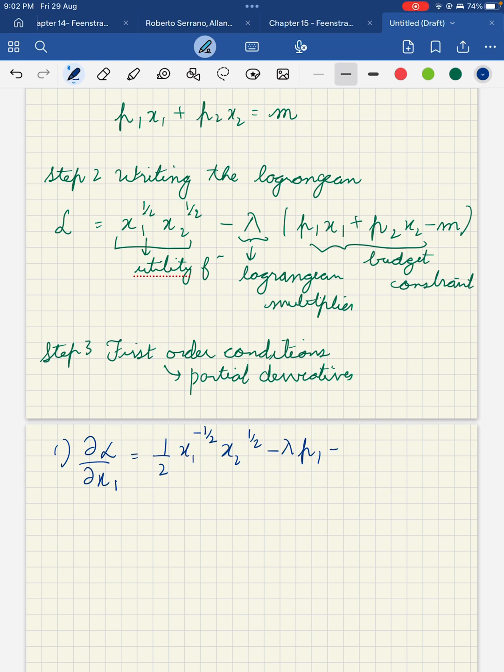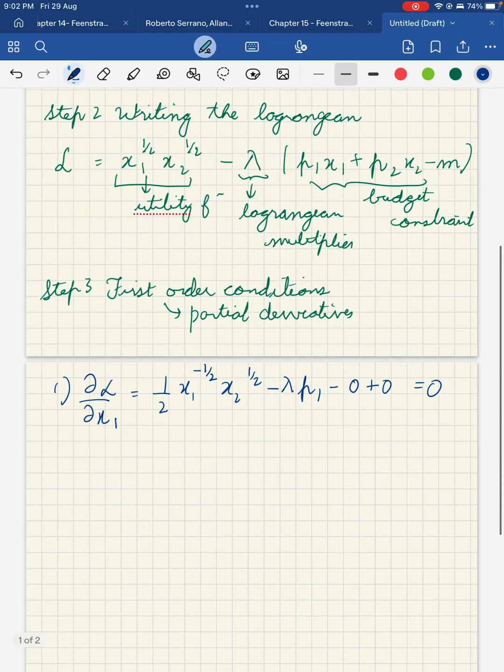I write the derivatives as 0, but p1x1 is a function of x1. So the derivative of that term comes out to be lambda p1. And I equate this entire thing to 0. This turns out to be 1/2 x1 raised to the power minus 1/2 times x2 raised to the power 1/2 equal to lambda p1.